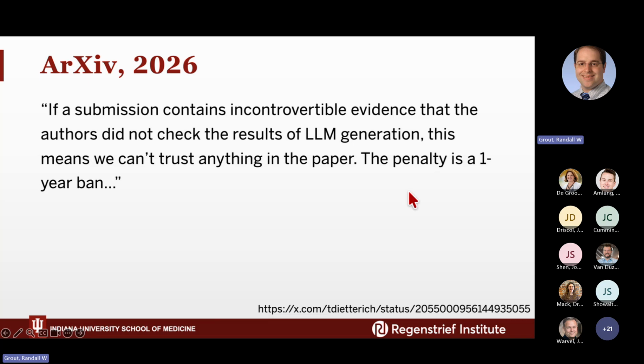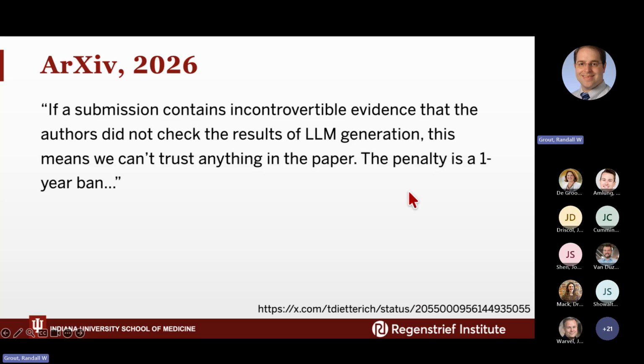Interestingly, and this came, I think, just in the past month or so, arXiv, which is a very popular preprint server used in many different fields, and now often in medicine too, to publish initial preprints or for getting community feedback, highlighted some things recently about their policies with articles using LLM generation.